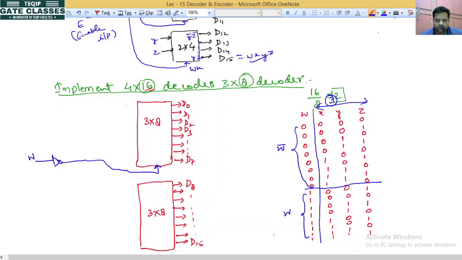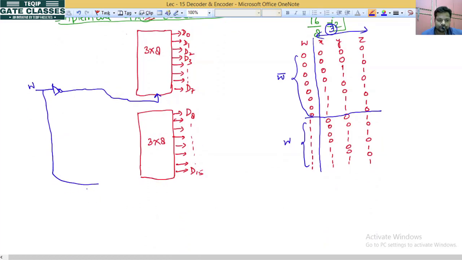Similarly, for the last 8 combinations we have W, so this W is connected with the enable input of the bottom 3x8 decoder.